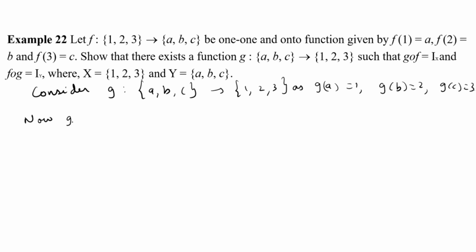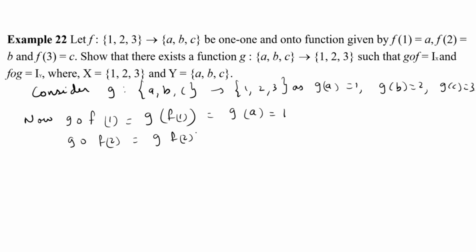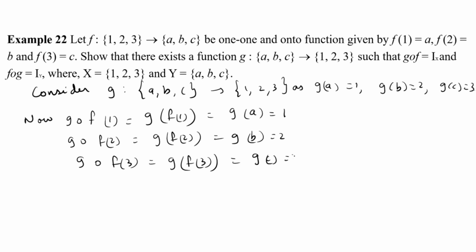Now we will see g of f of 1 is equal to, here it is given f of 1 is a, equal to g of a is equal to 1, g of f of 2 is equal to g of b is equal to 2 and g of f of 3 is equal to g of c is equal to 3.